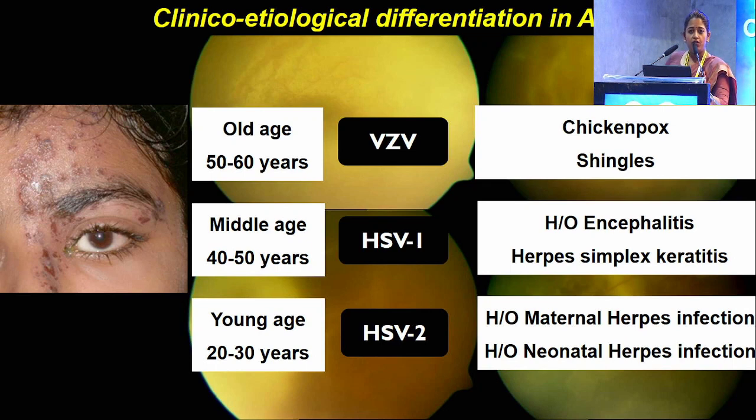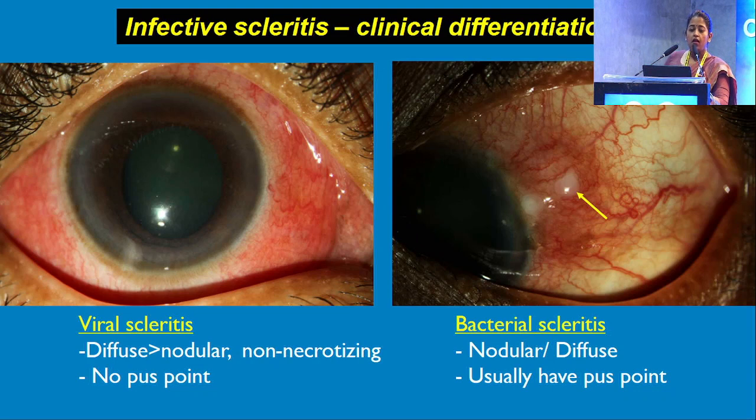Why we want to differentiate the cause, we will see in the further slides, because management differs depending upon the causative agent. Now, starting from the anterior segment, we will proceed to the posterior segment, the findings in acute retinal necrosis. Acute retinal necrosis can also present with scleritis.